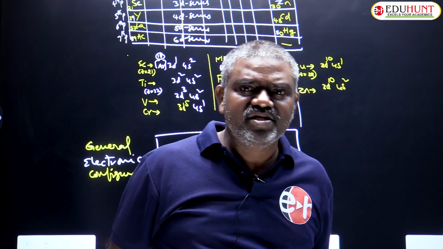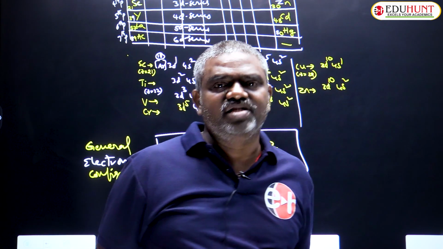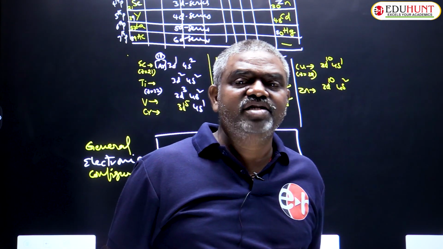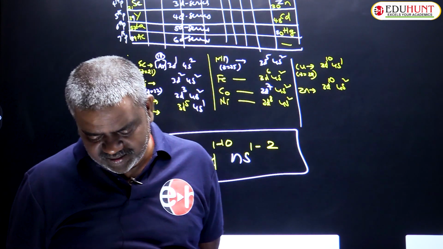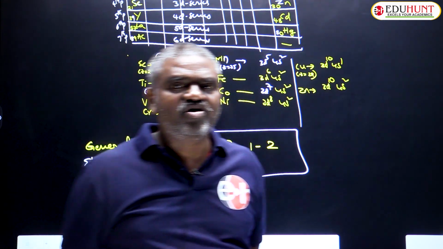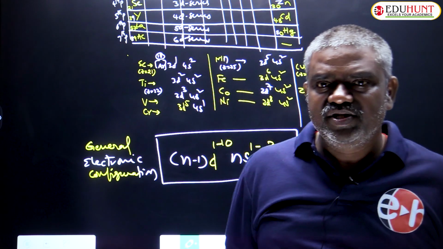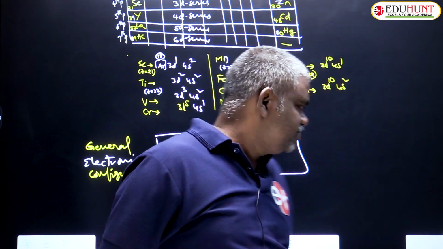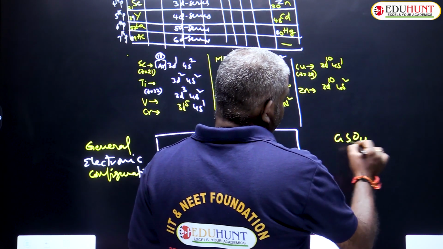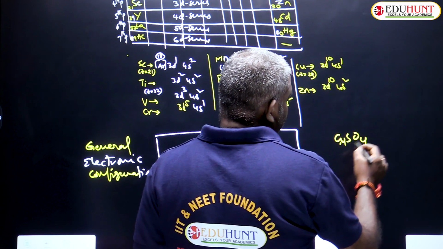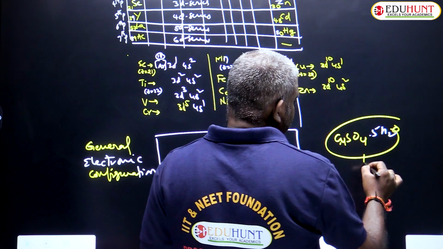The d block metal ions give colors. It means, if you take copper sulfate, it is blue in color. Observe copper sulfate: copper is a d block element. Copper sulfate, CuSO4·5H2O, is a blue color salt.